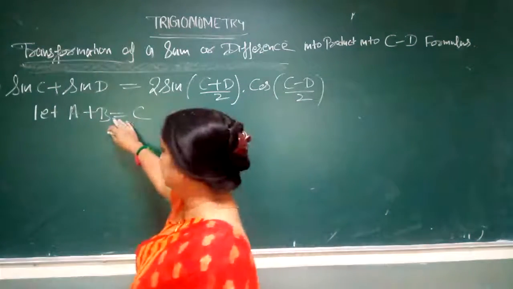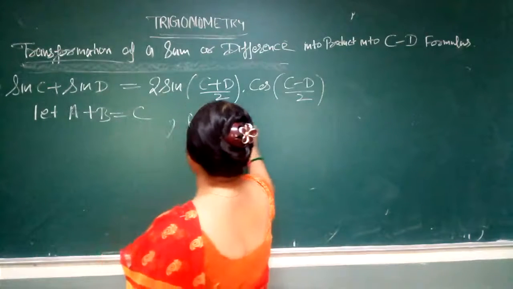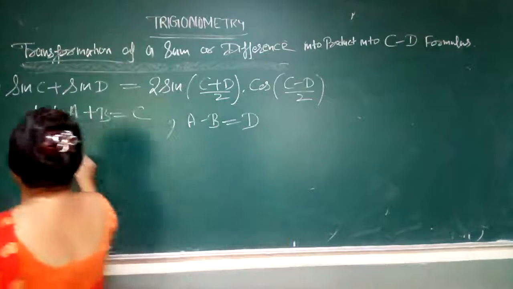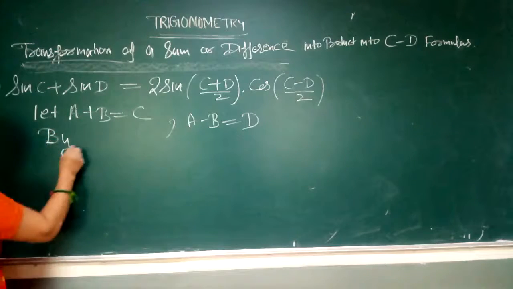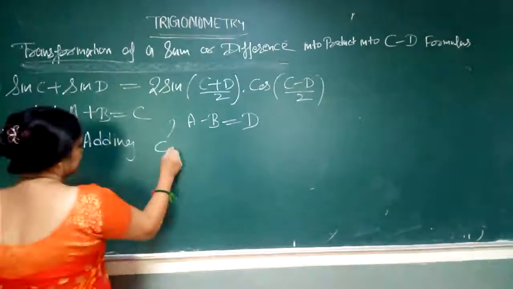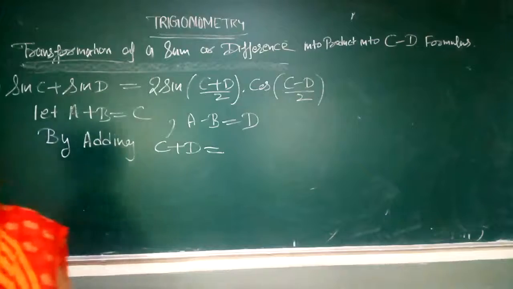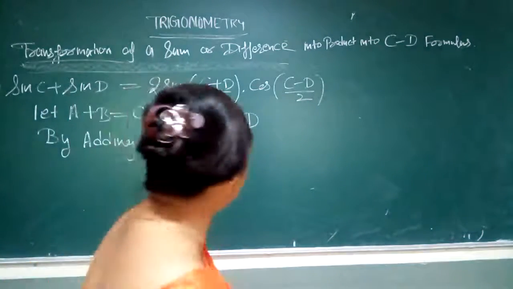So we are taking A plus B as C and A minus B as D. After that, by adding, you can see here C plus D, add these two terms: left hand side with left hand side, right hand side with right hand side.